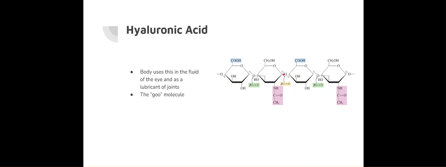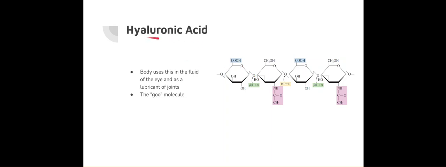This is another way sometimes beta linkages are rendered to show you that you've got a vertical elevation bonding with a horizontal or down orientation. So you've got beta linkages here of these substituted monosaccharides that have a carboxylic acid group on it and also an ammonium carbonyl group in here as well.